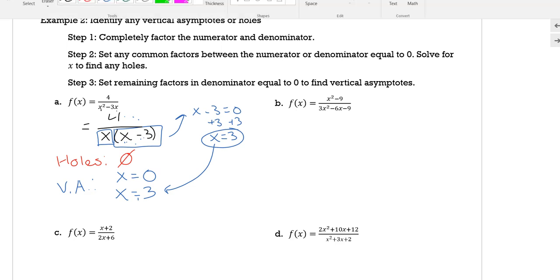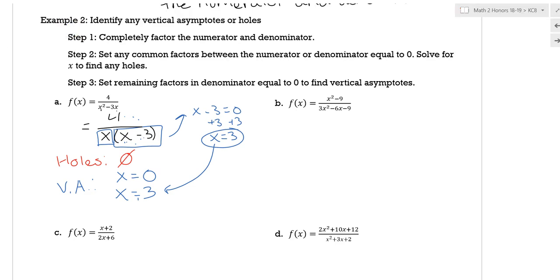Looking at B, we can factor this. Okay, we can factor the numerator. It is quadratic and it has two terms, no GCF, so we're taking the square root. Over 3x squared minus 6x minus 9 has a greatest common factor.